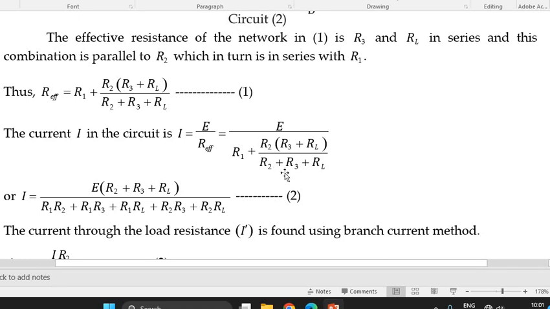Taking the LCM of the denominator, we get R2 plus R3 plus RL multiplied along with E, divided by R1 into R2 plus R3 plus RL plus R2 R3 plus R2 RL.